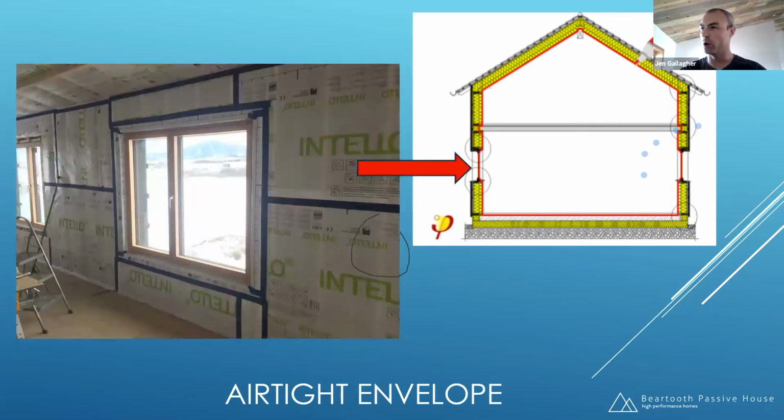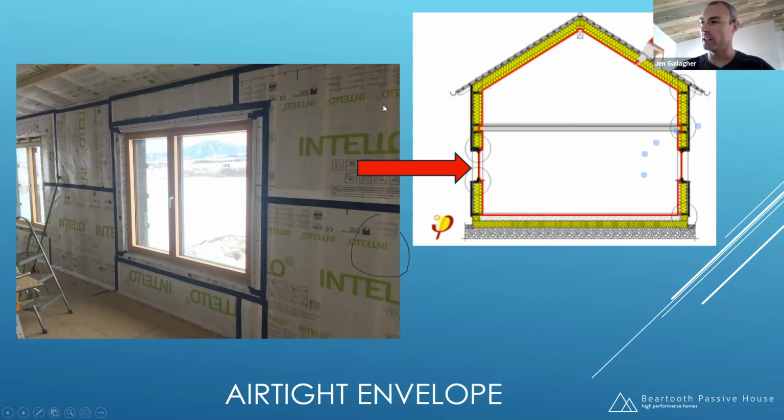Now, if you go to the walls where you have a wall meeting a window, you can see this Intello is a product that Proclima sells. It is a smart vapor retarder. Think of it as a really fancy poly on steroids that does things that are much cooler than 6mm poly would. But it keeps all the air from leaving the house.